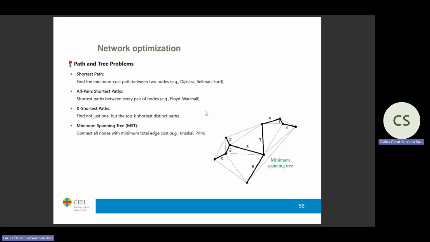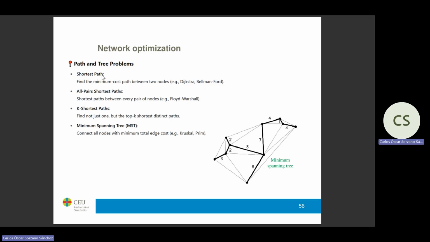Then problems related to paths and trees. Finding the shortest path between two nodes. Let's say that these weights here are the distances between nodes, and then given any two nodes, what is the shortest path? It is one of the most famous algorithms in science.